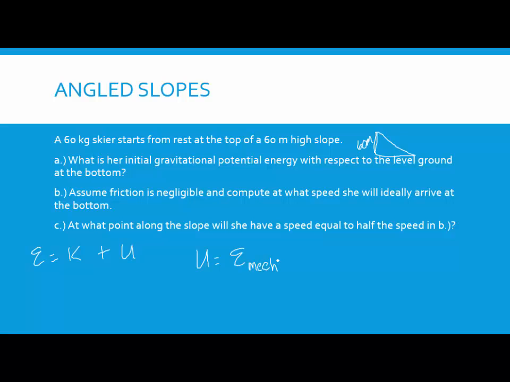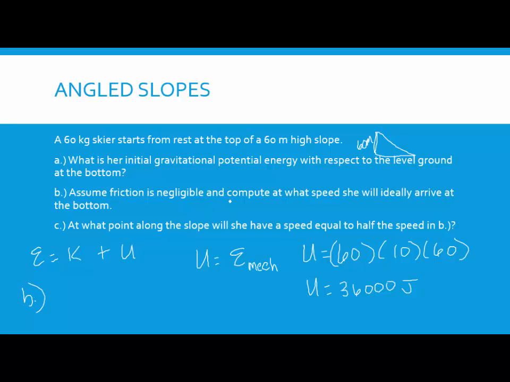All of her energy is potential. So for part A, her potential energy is her gravitational potential, which is mass times gravity times height. That means for part A, her potential is 36,000 joules.